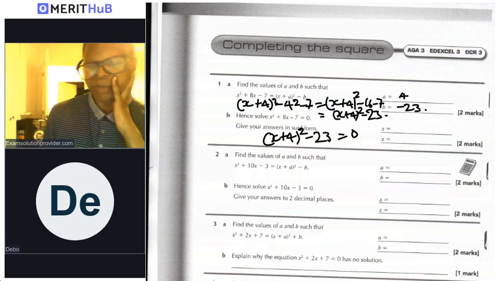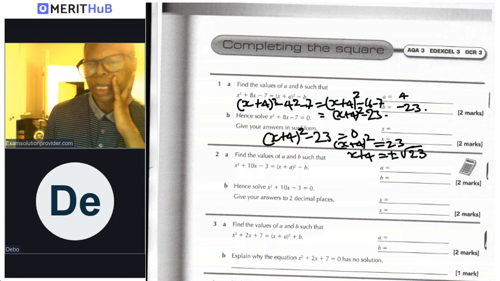So we have x plus 4 squared equals 23. Then we need to take a square root. You need to show that you have taken a square root. So if we square root this, we have x plus 4 equals plus minus square root of 23.